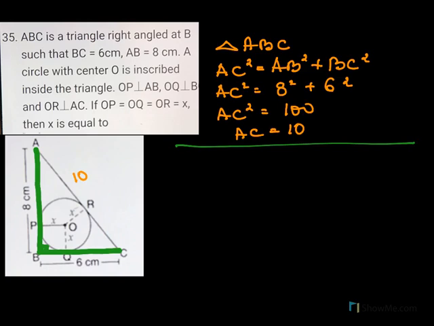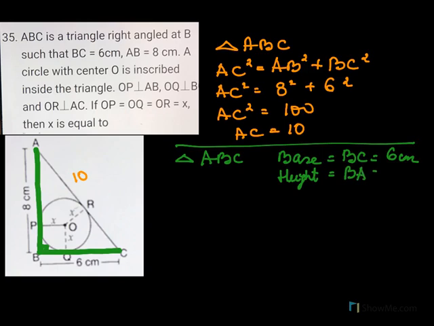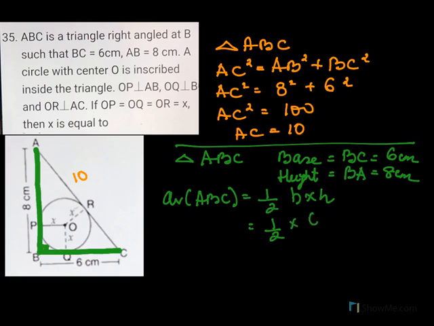So for triangle ABC, our base is BC, which is 6 centimeters, and the height is BA, which is 8 centimeters. So the area of ABC is half base into height, and the area is 6 into 8. It will be 24 centimeters square. So second part of the sum.